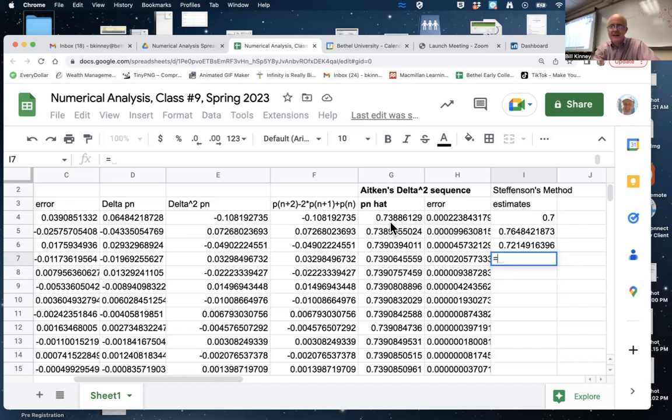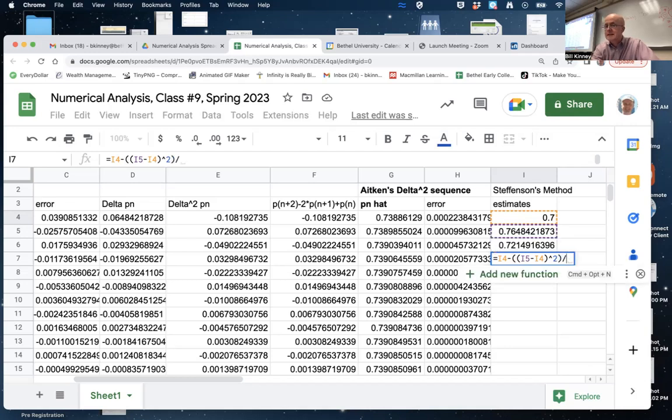How am I going to apply it? Let's say we do this minus, okay, if I'm not using these columns, I need to do, let's see, this minus this squared, that's delta Pn quantity squared.